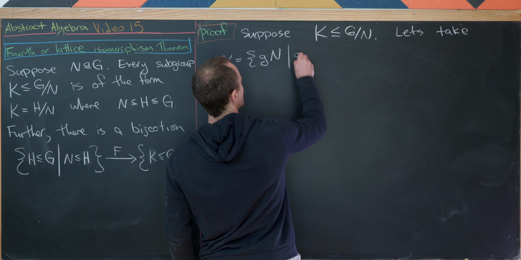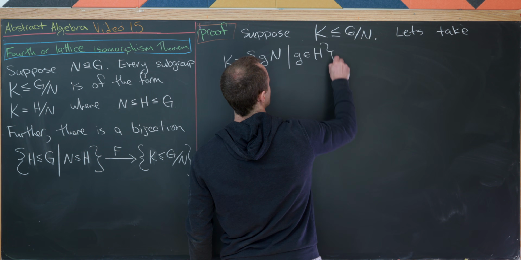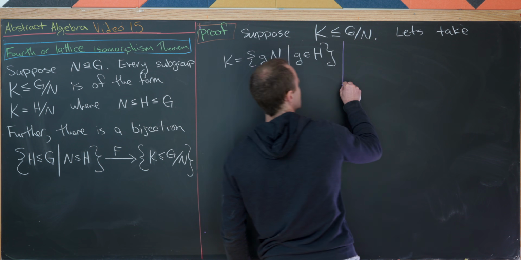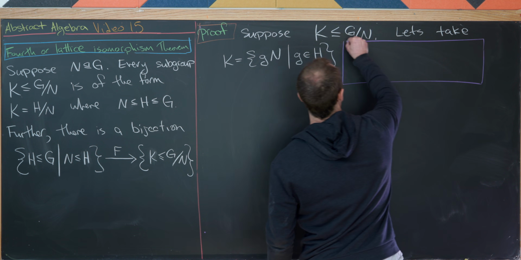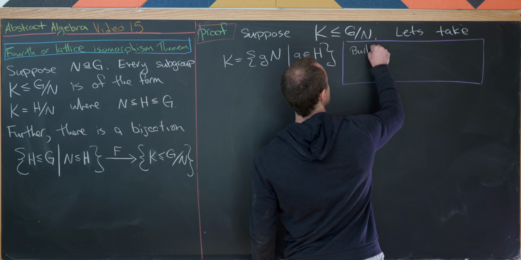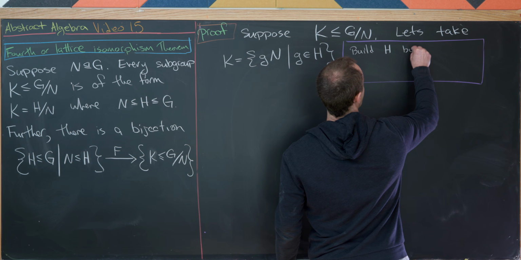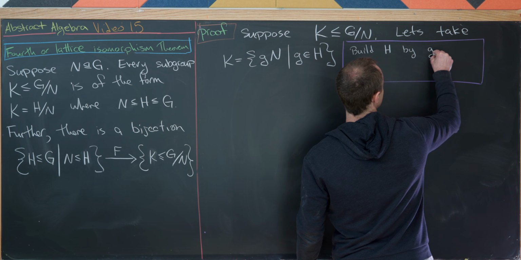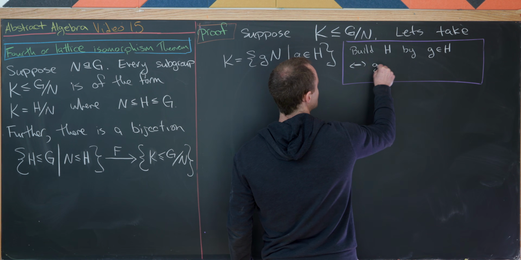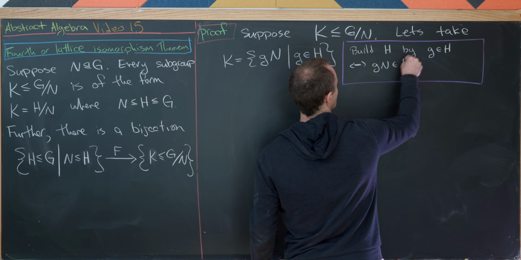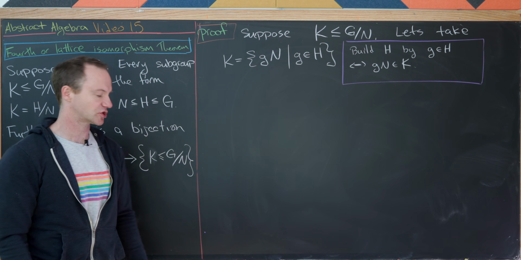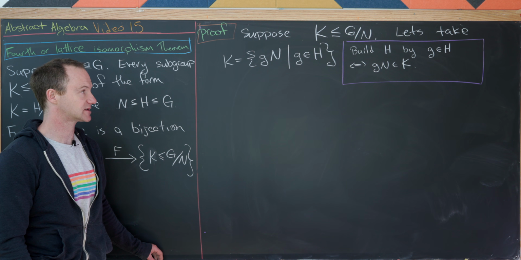And that new set we'll call H. So maybe this is a little bit confusing and seems a little bit circular, but let's outline what's happening here. So we'll build H by the following rule. So g is inside of H if and only if gN is inside of K.